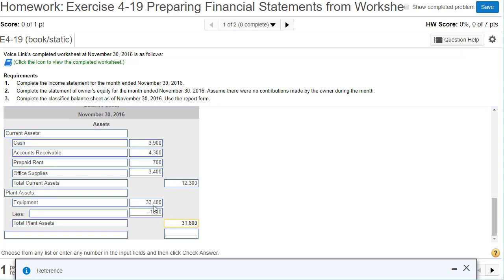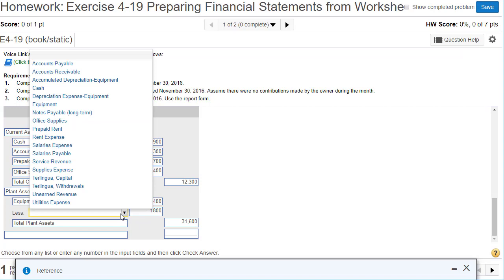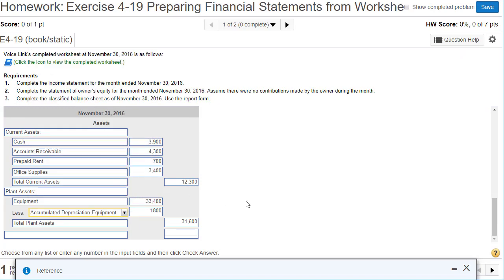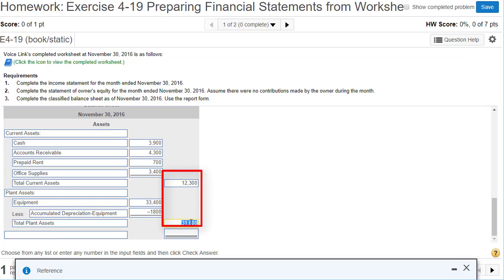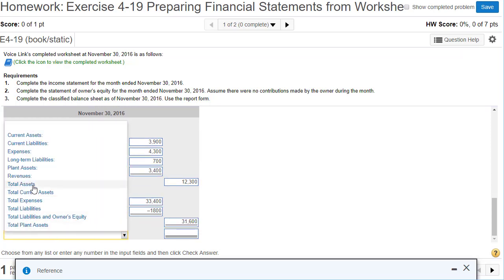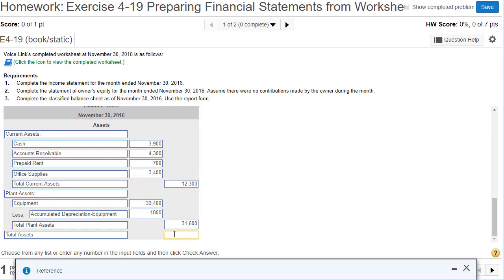So the book value of this equipment is 31,600. Book value is just the cost of the asset minus its accumulated depreciation, and I forgot to put in the label. There we go. And then we're going to take our current assets, 12,300, add our total plant assets, and that gives us total assets of 43,900.